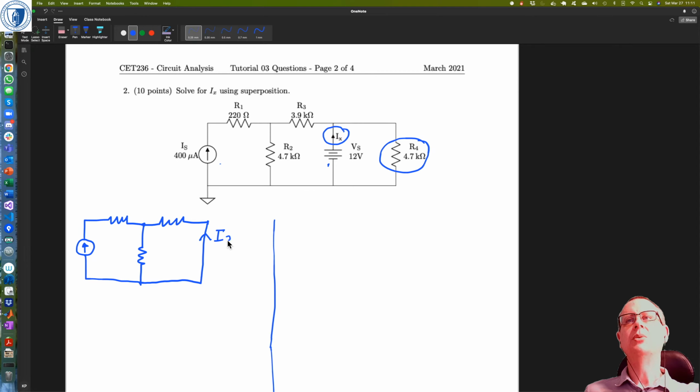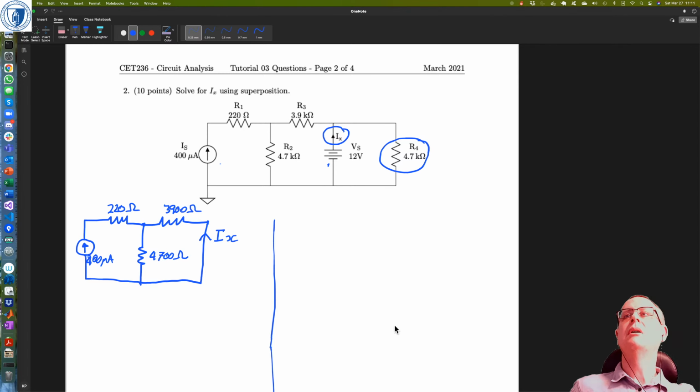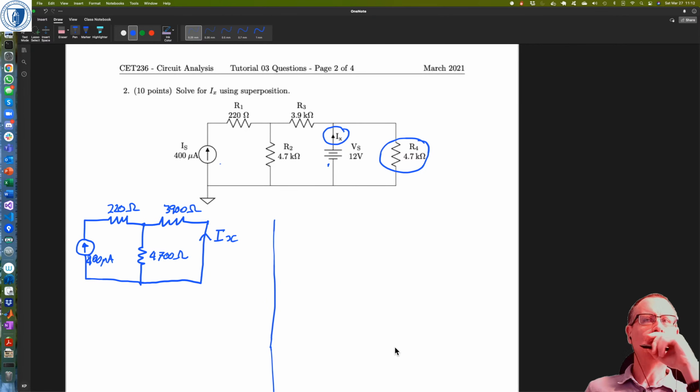and I need to know what IX is. And this one is, let's just write all the values. This one's 400 microamps. This one's 220 ohms. This one's 4700 ohms. And this one is 3900 ohms. Now, this one, I'm not sure what the best way to do this one is, because it's current.